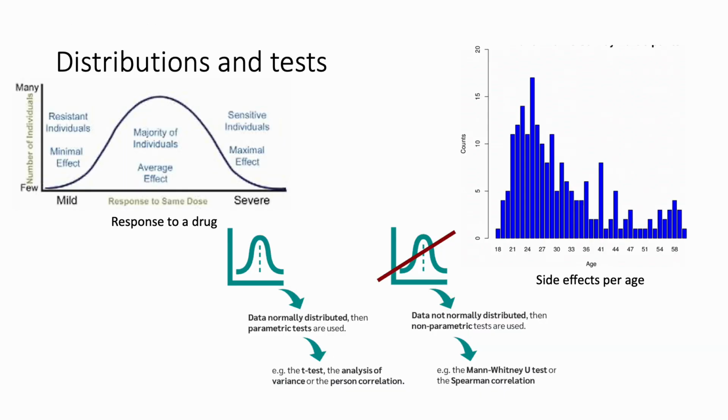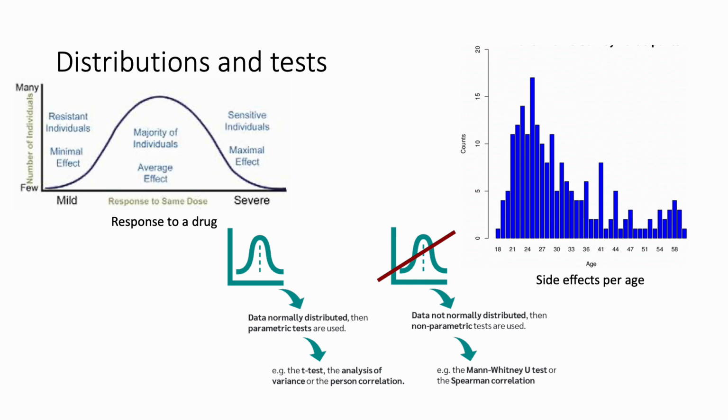Now let's go over the distribution and tests. On the top left side of the slide, you can see a normal distribution. When you look at the y and x axis, you're able to see the number of individuals based on the response to the same dose of a drug. So we gave the same dose of a drug to several individuals, and we looked into the response. We looked into resistant individuals that have minimal effect.